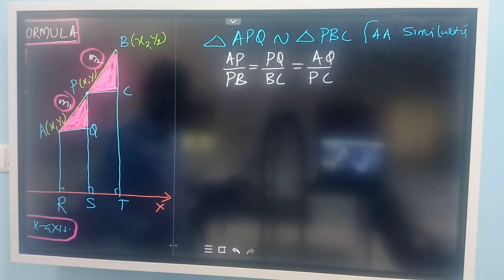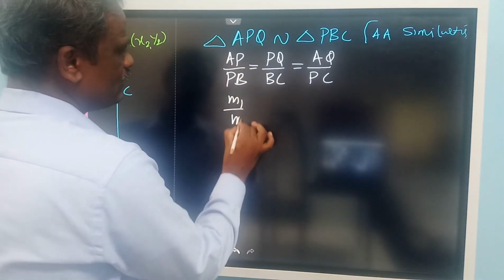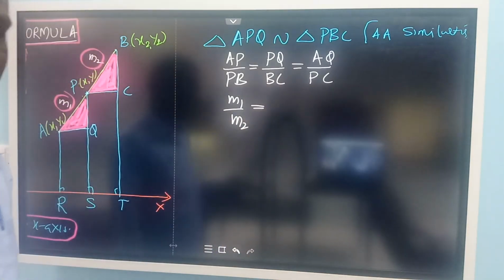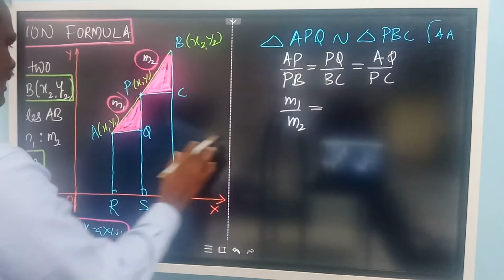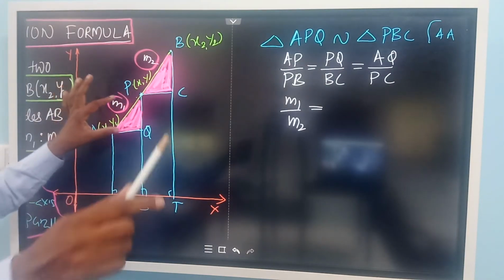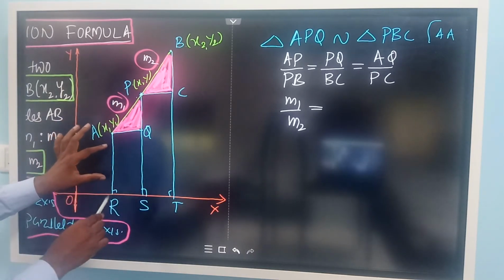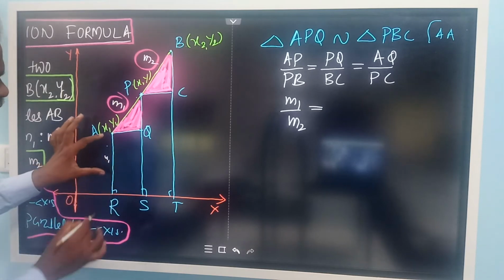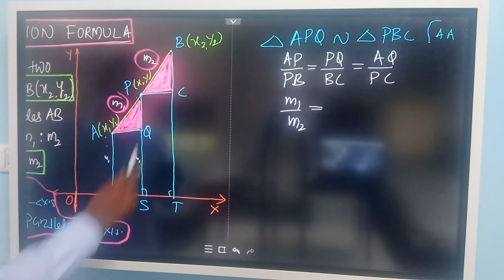So you can substitute the values similar to the previous question. AP by PB, you have M1 is to M2, so you can write it as M1 by M2. In that example it was 1 is to 2. Now PQ, you have to find the value of PQ, this distance. PQ is nothing but PS minus QS. Here QS is y1. Total length is y.